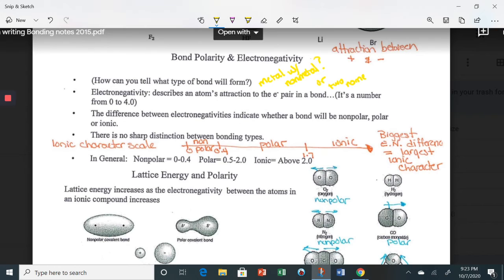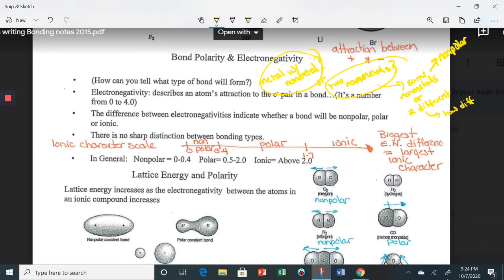Because that sets you down one pathway or another. Right? Because if it's this, it's ionic. If it's this, we got to ask another question. Are they the same nonmetals, or 2 different ones? Because if they're the same, the only thing this can be is nonpolar. Okay? If it's 2 different, you kind of have to ask how different.